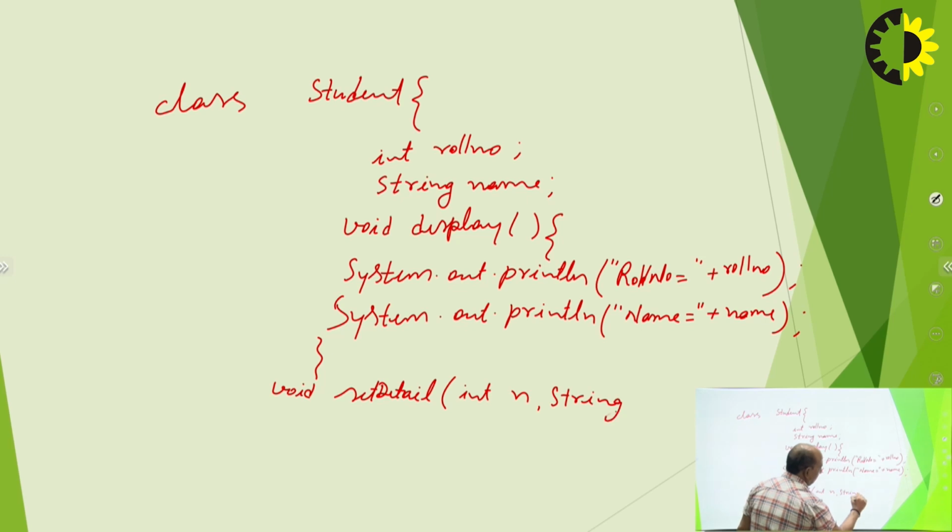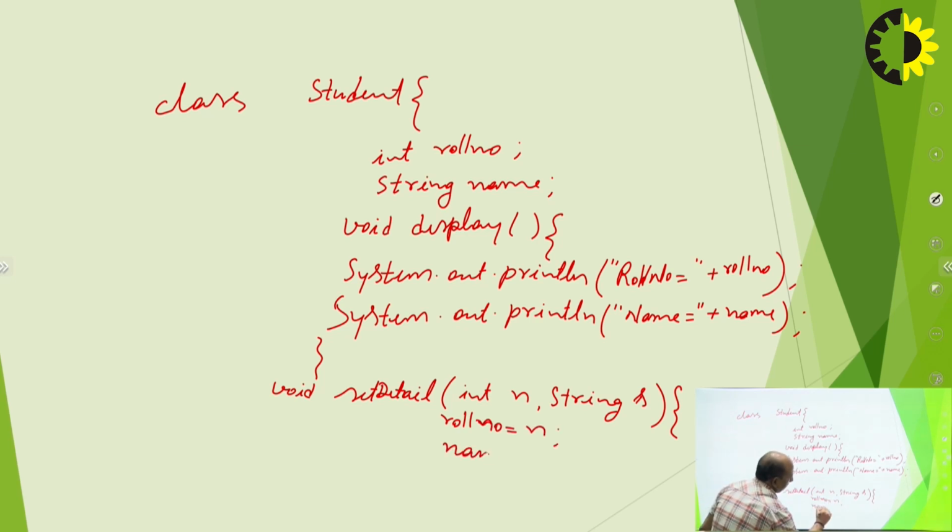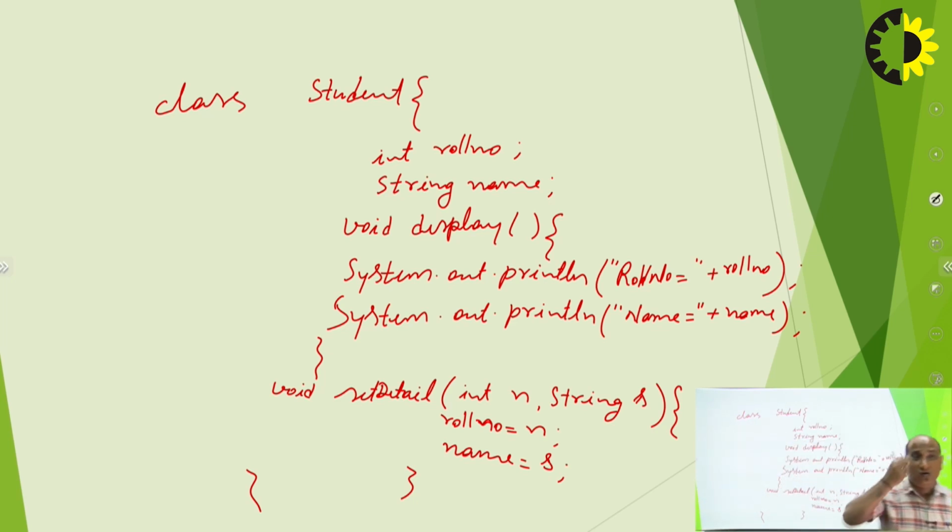Two parameters, an int and a string, and this function is setting roll number equals to n and name equals to s.